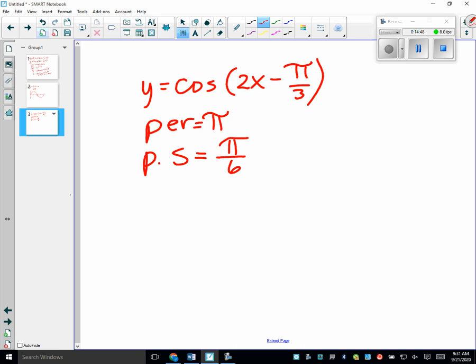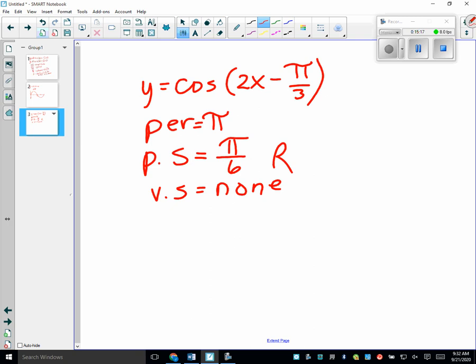Yeah. And by the way, that's going to be to the right, isn't it? Okay. What is the vertical shift? None.